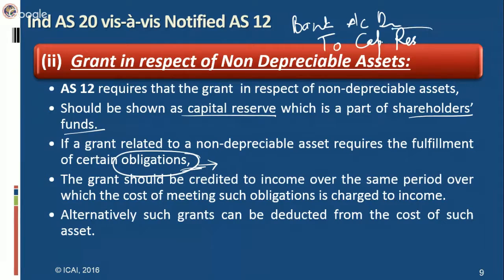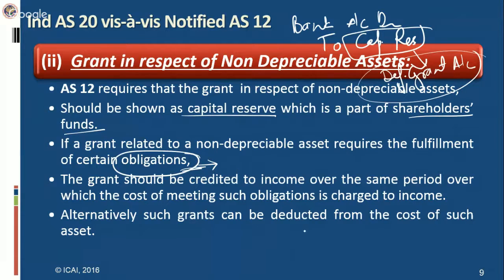So in place of capital reserve, the account credited will be the deferred government grant account. Whenever we are discharging that obligation, at that time proportionately the grant will also be charged to P&L account. The grant should be credited to income over the same period over which the cost of meeting such obligations is charged to income.